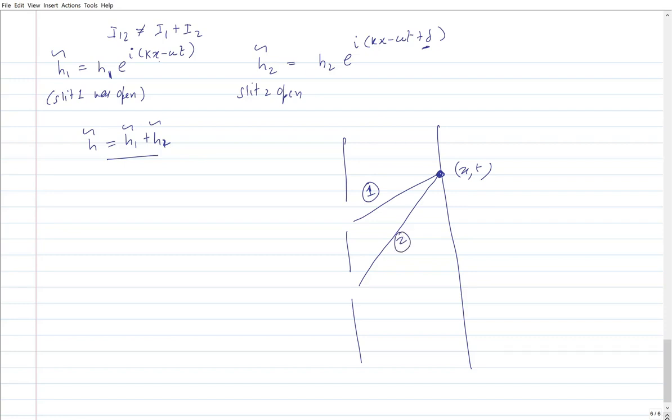And when I add the amplitudes, that's given by h equals h1 plus h2, and the total intensity at a particular point on the screen is going to be proportional to the square of the amplitude of the resultant wave. I've expressed it in terms of complex numbers, so the calculation is not very hard.